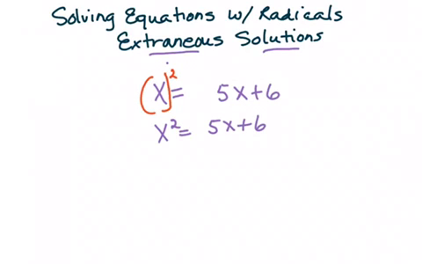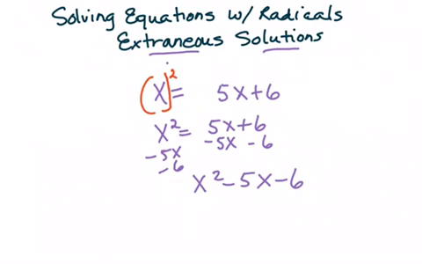Well, to solve it, I want you to factor it. And before you factor it, you're going to have to move the 5x over. So it's going to be minus 5x, and then you're going to move the 6 over. So it will be minus 6. So now we have x squared minus 5x minus 6. Okay? Now we're going to factor that.